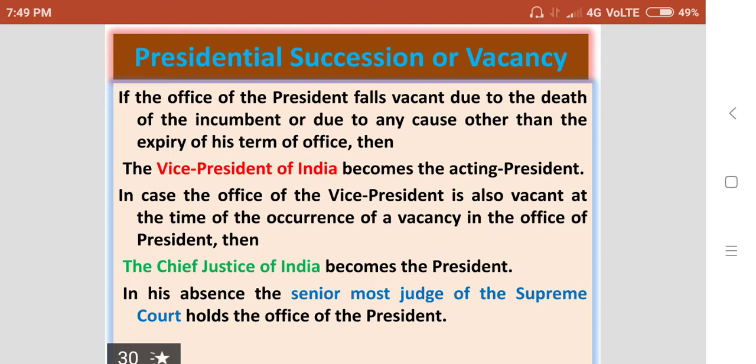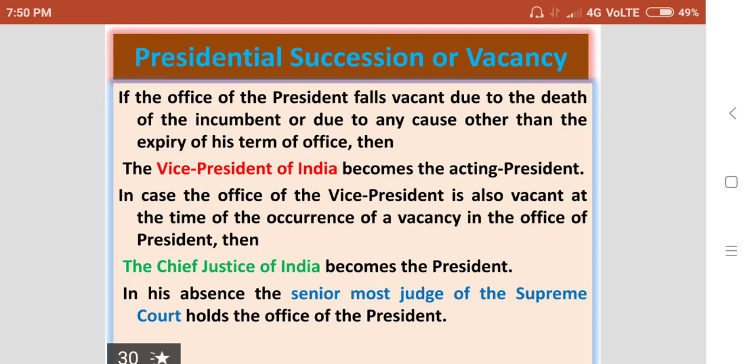In case the office of the Vice President is also vacant at the time of the occurrence of a vacancy in the office of the President, then the Chief Justice of India becomes the President of India.